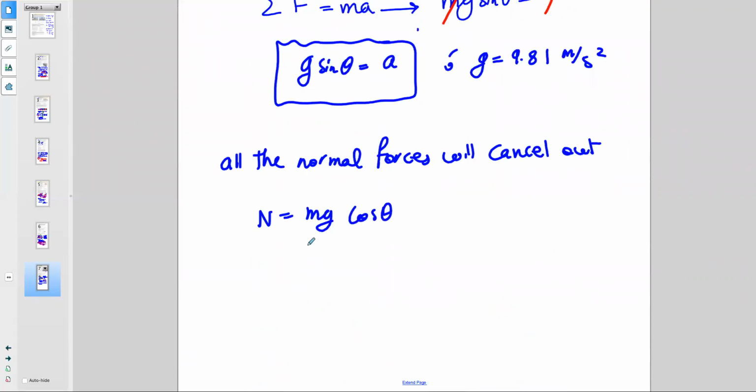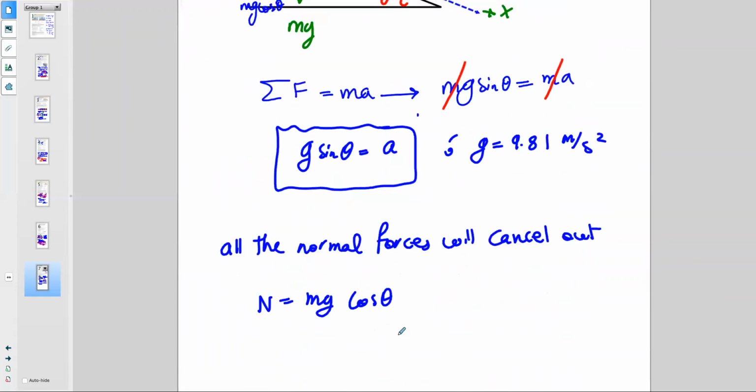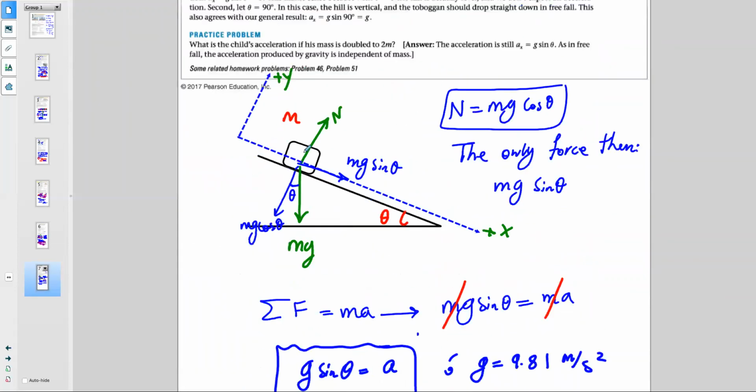Okay, so that's what it means. You have m, you have g, you have theta, so you can find mg cosine theta as your final answer. Okay, and it is along the y direction, as you can see, along the positive y direction.